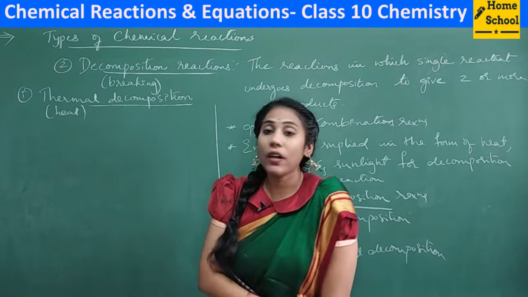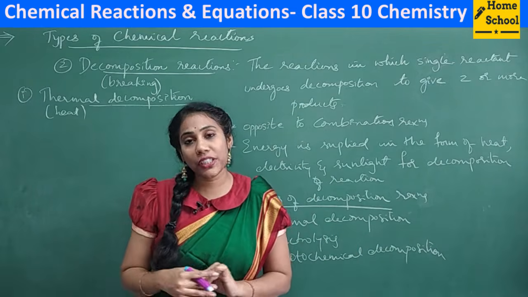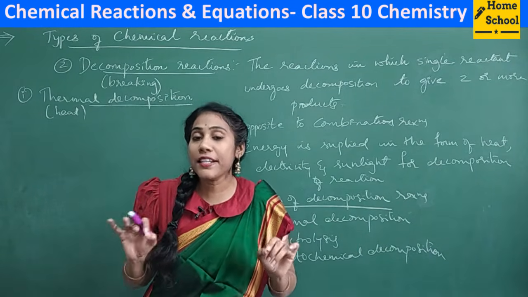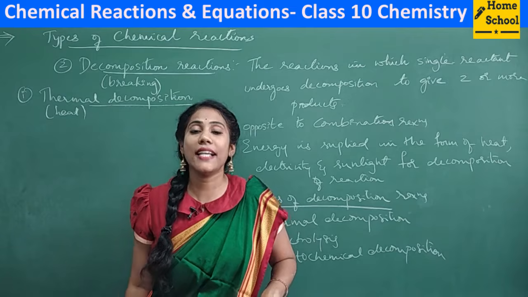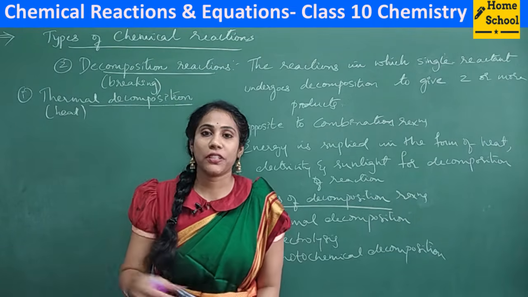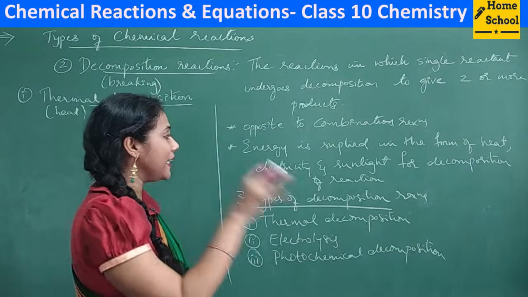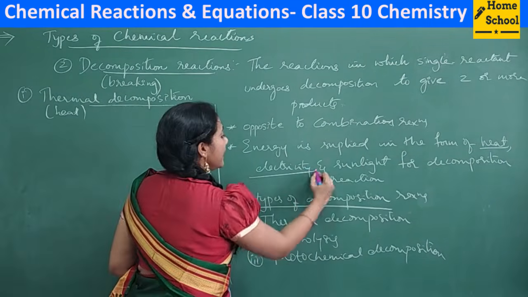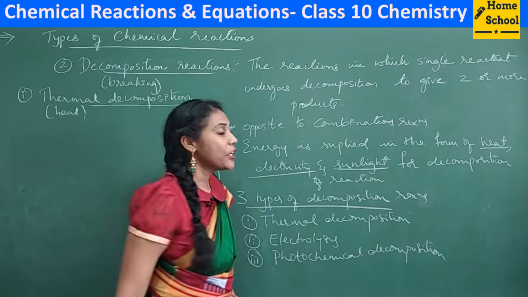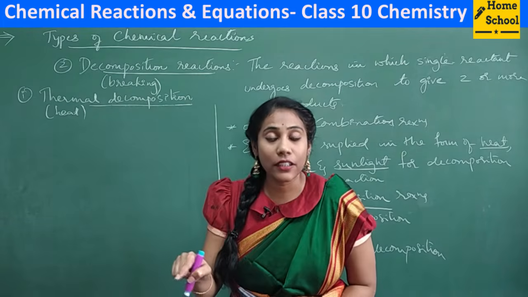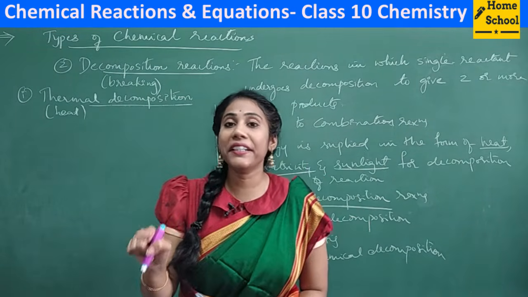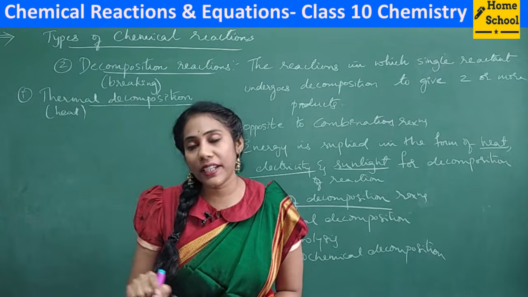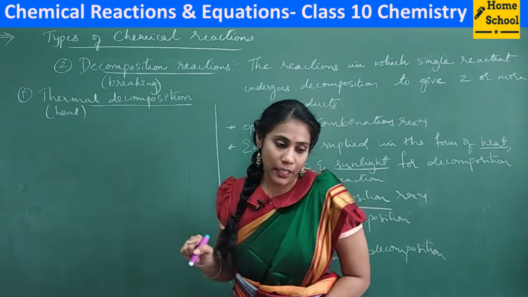So the decomposition reaction that is done in presence of heating is called thermal decomposition. I told you, if you want to break a reactant, you must use either heating or electricity or sunlight. So if you are using heating to break a reactant, then such a decomposition reaction is known as thermal decomposition reaction.